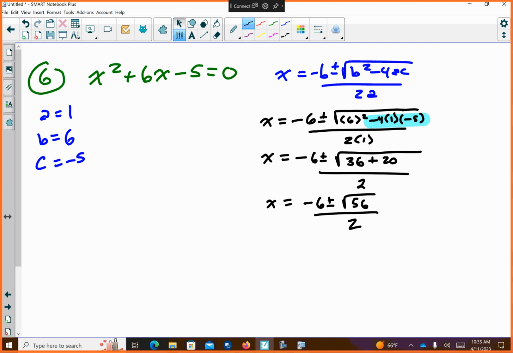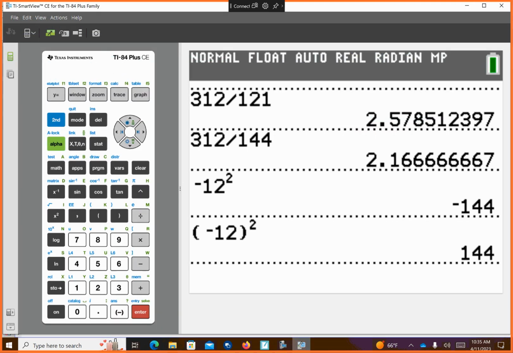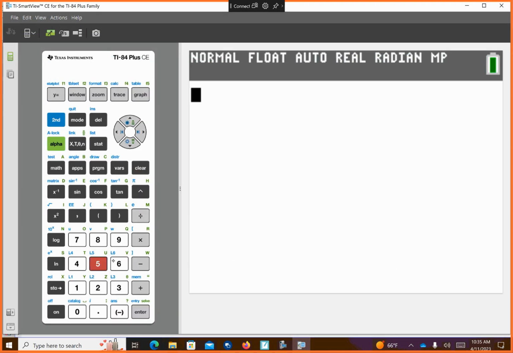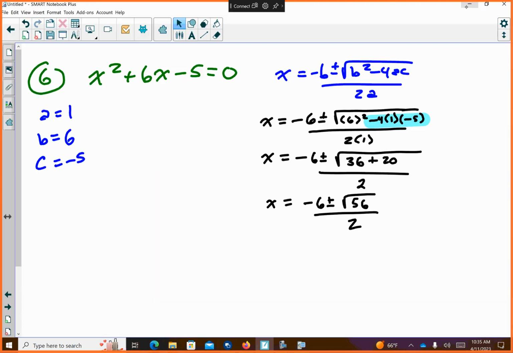So let's do this, because we can use a calculator. I'm going to go 56 divided by 4 is 14. Do you think 14 breaks down to any perfect squares, or is it just 2 times 7 after that? Yeah, but square root of 1 is 1, so I wind up with 14, right? So 56 times 4. Oops.